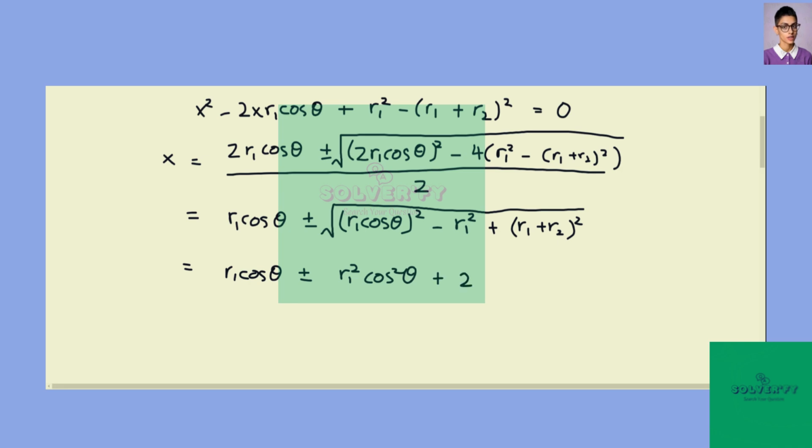Then you are left with 2 R1 R2 plus R2 squared. So this is good enough.